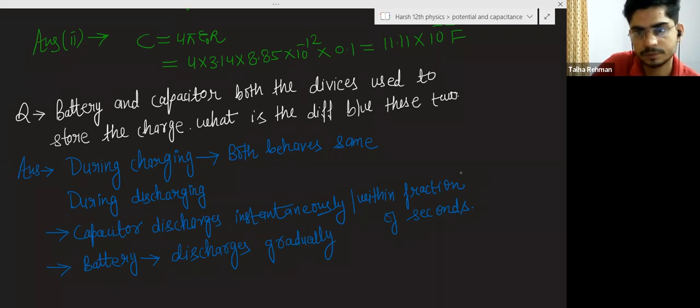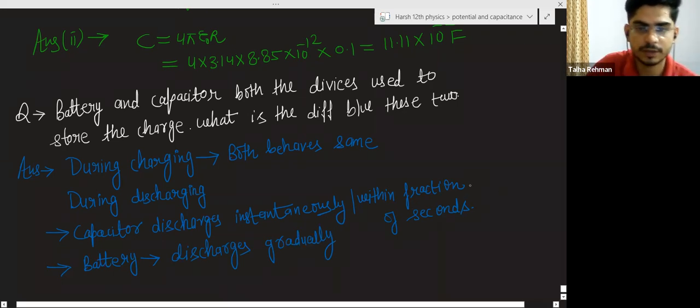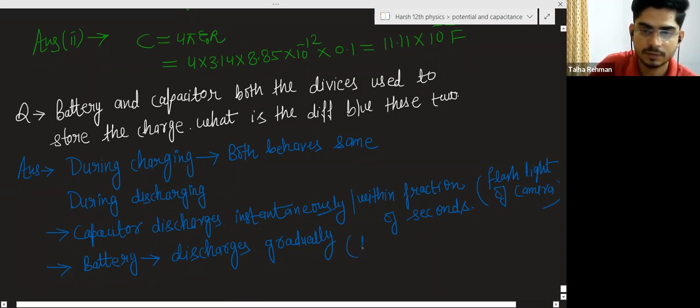And here the example is the flashlight of a camera, and here a bulb connected with a battery.